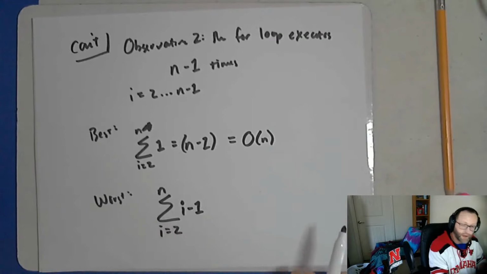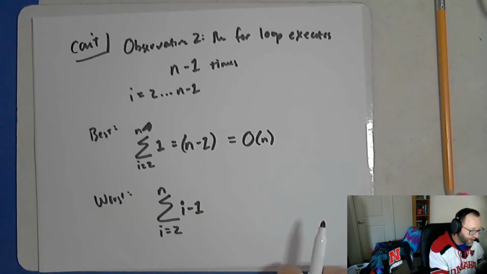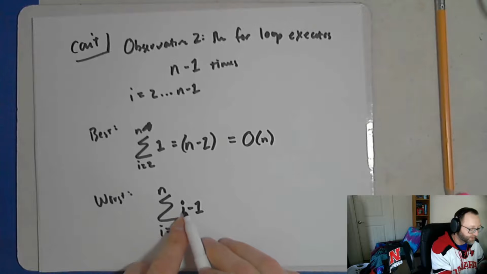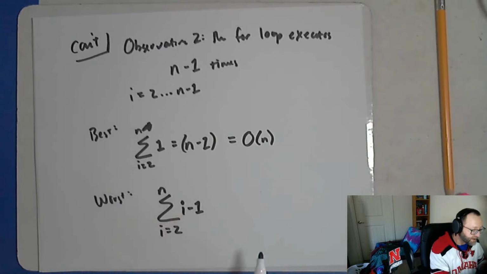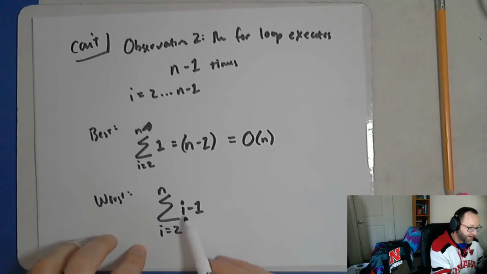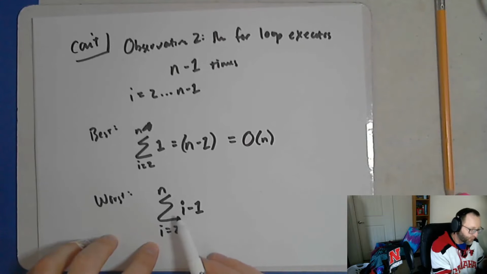You can split this up into a sum of summations, since the term is I plus negative 1. You can split that into 2 summations, but there's an even better tool that I can use here. If I just have I, this is 2 plus 3 plus 4 plus 5.